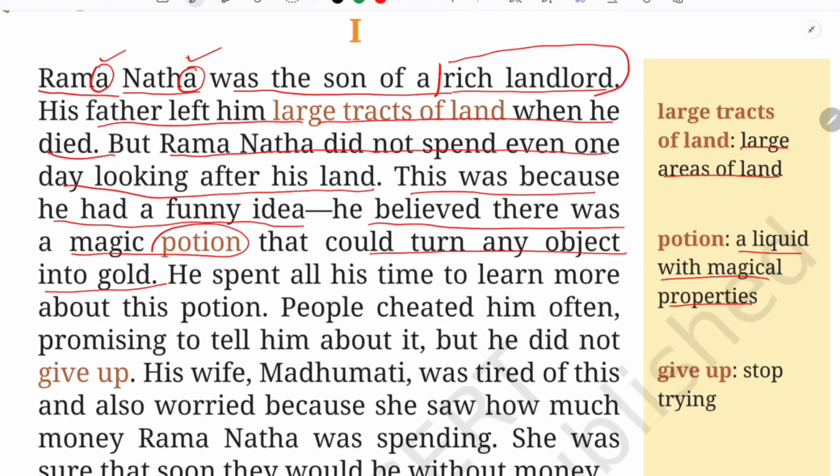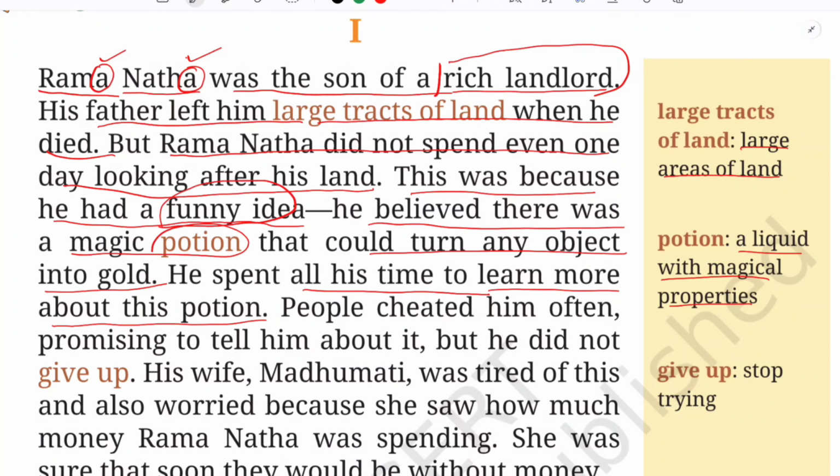So that is why it has been mentioned that it is a very funny idea, and it is indeed a funny idea, isn't it? Because it is not possible in reality. So he spent all his time to learn more about this potion. He had so much belief that he would be able to find out about that potion, by making it or by doing anything.